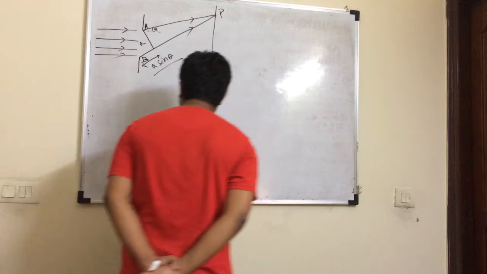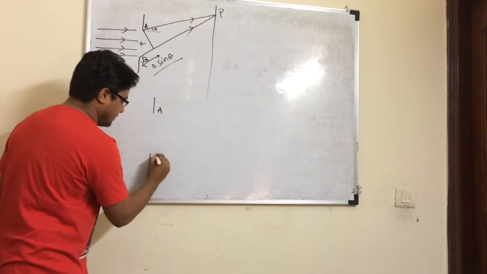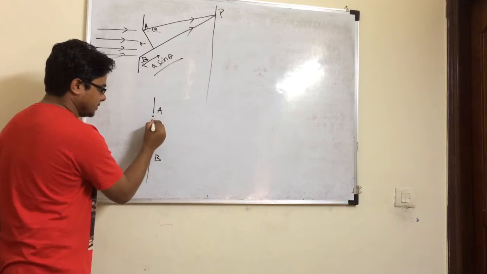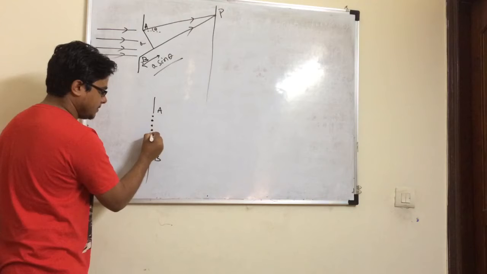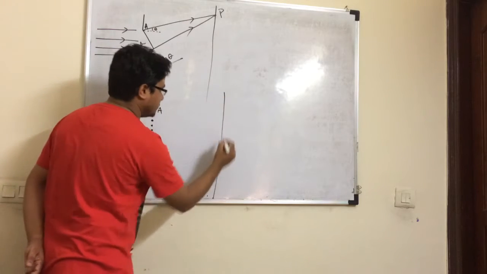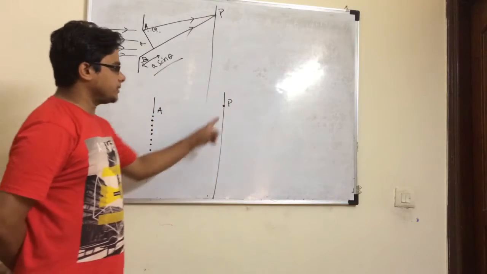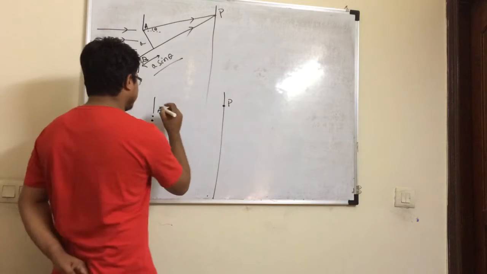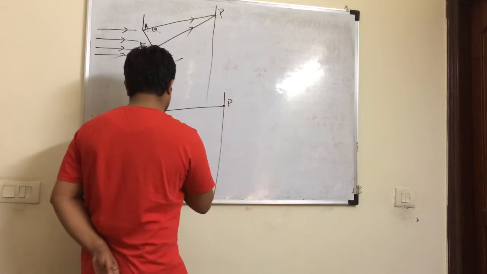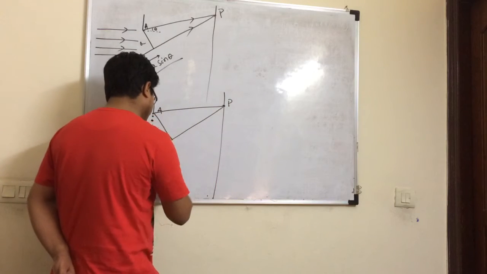So now, as you have already done, let's say this single slit AB, on this wavefront you have many sources, many secondary sources which will contribute to the intensity at the point P. So now here, if I consider the path difference from A to P and B to P, it is A sine theta.